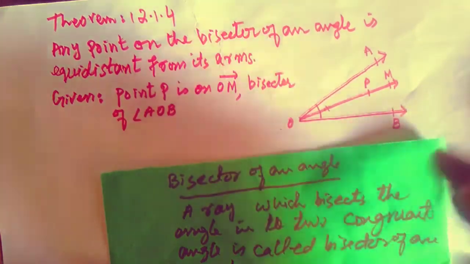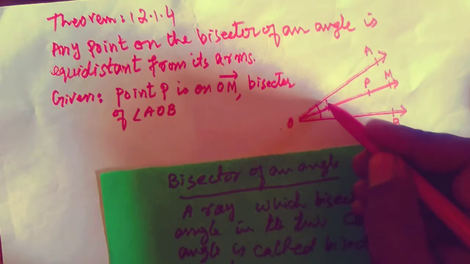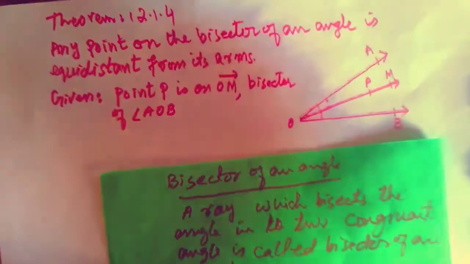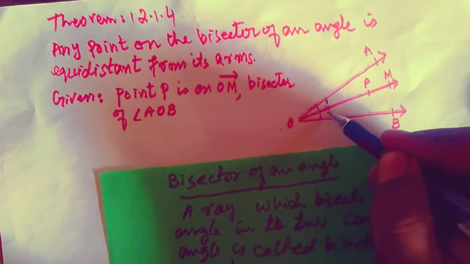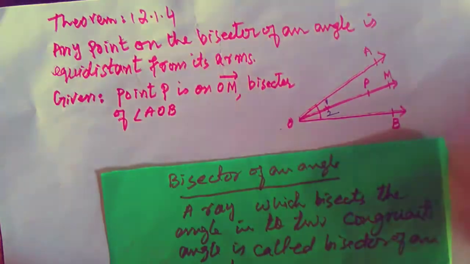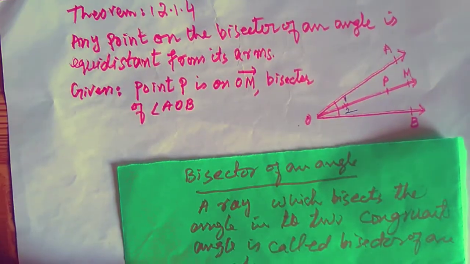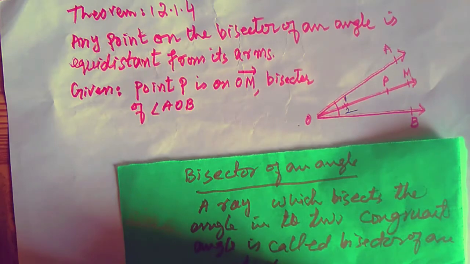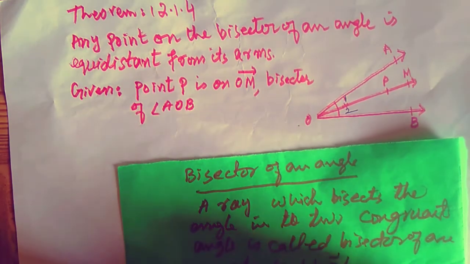In this figure, if we label the angle 1 and angle 2, so angle 1 is congruent to angle 2.